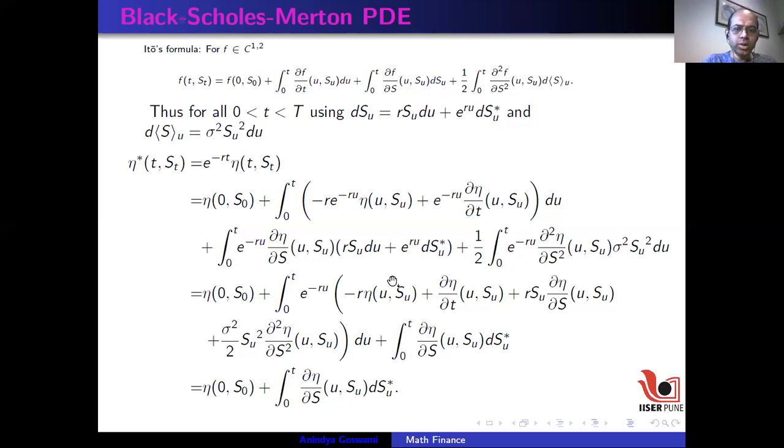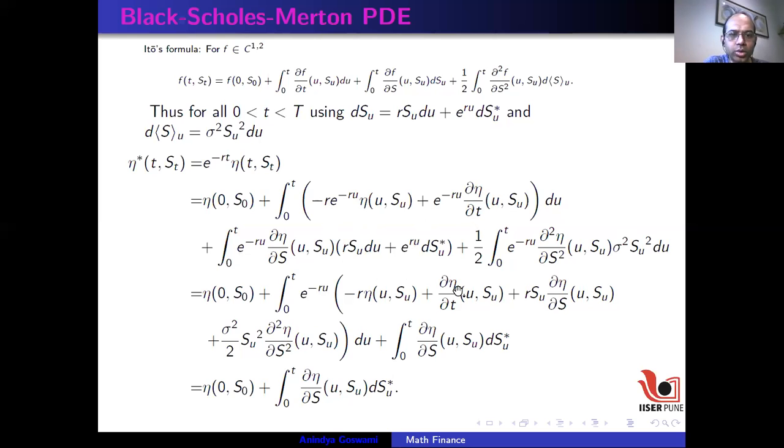Good. So now we do some manipulations, rearranging of the terms. The first term is as it is. Now, since e to the minus ru is here and e to the ru here, I would cancel this. So basically it is simplification. First I am considering all the terms which are du terms and where e to the minus ru is a factor. So if I take e to the minus ru common, I would have minus r times eta here, and here I have del eta del t.